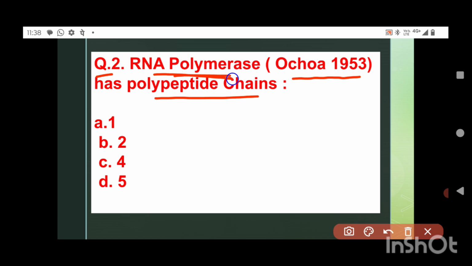The options are A 1, B 2, C 4, and D 5. The correct answer is option C, 4.